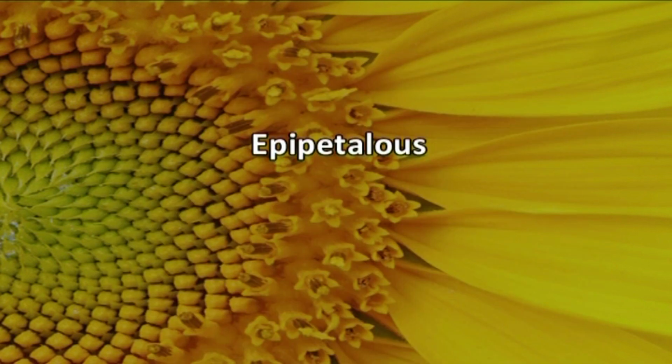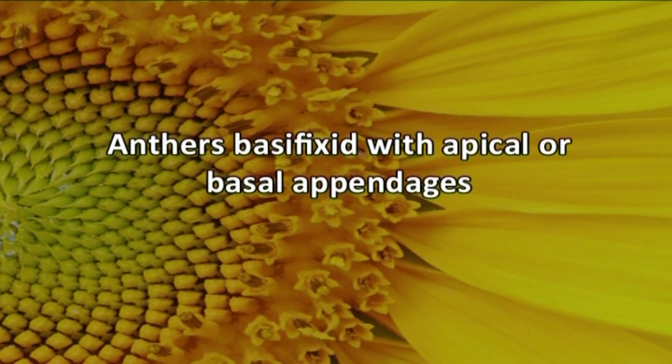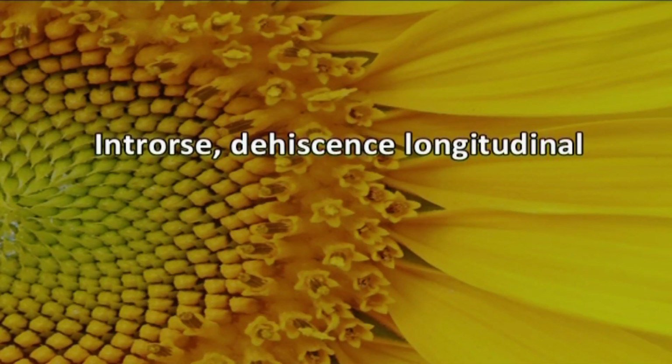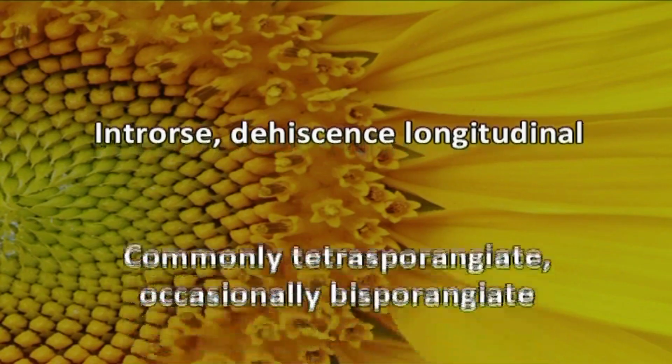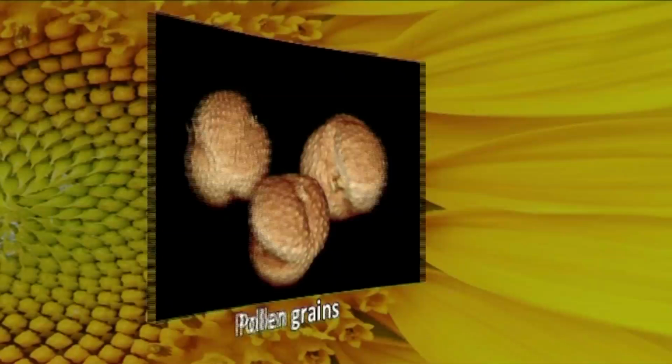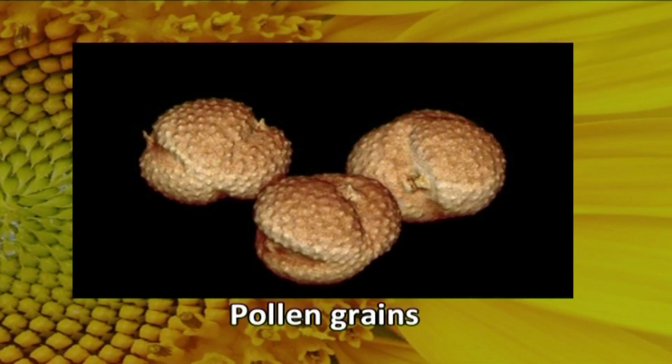The Androecium is also epipetalous. The anthers on the top of the stamens are basifixed with apical or basal appendages. The anthers are introrse and the dehiscence is longitudinal. The anthers are commonly tetrasporangiate, but occasionally they can also be bisporangiate. The pollen grains are characteristically tricolporate in Asteraceae.